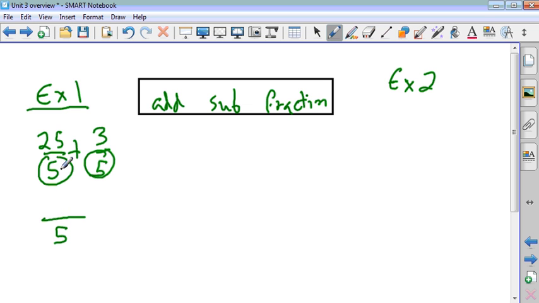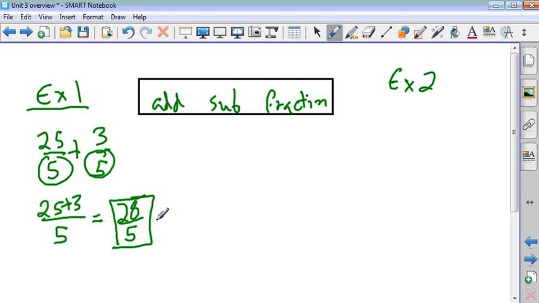I'm going to rewrite the 5. And now on top, I have a really long line of 25 plus 3. And that's going to equal 28 over 5.